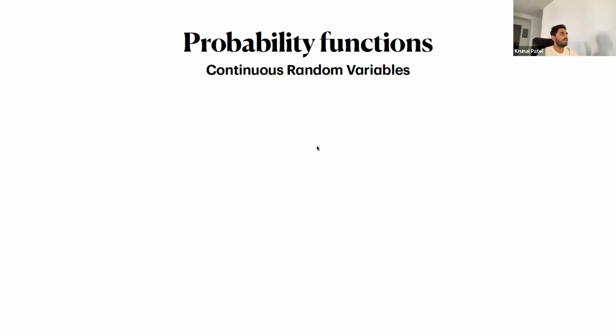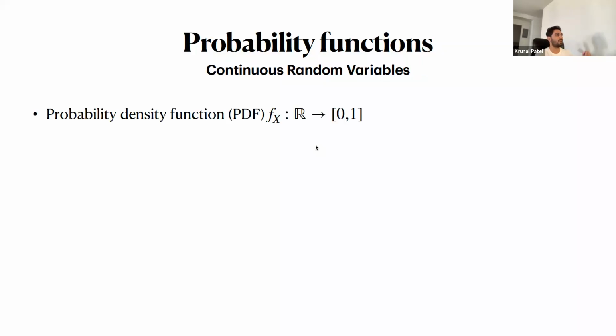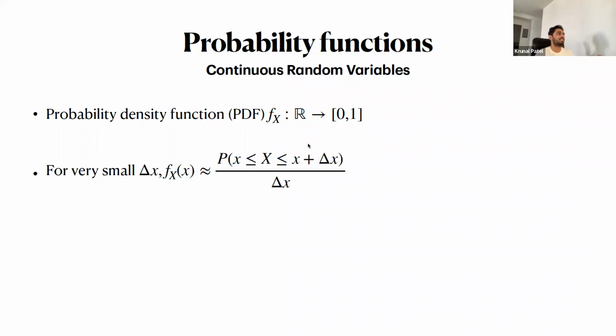Moving on. Now we'll jump on to continuous random variables, where we have something similar to probability mass functions. It's called the probability density function, right? We'll denote it with a small f, and it is somewhat telling me the probability of that random variable taking a particular value, but not exactly. What it tells me is the probability of my random variable taking a value between a range, small x and small x plus delta x.